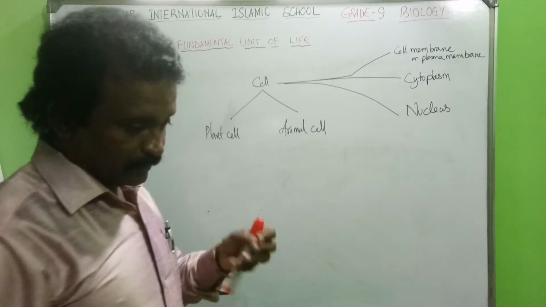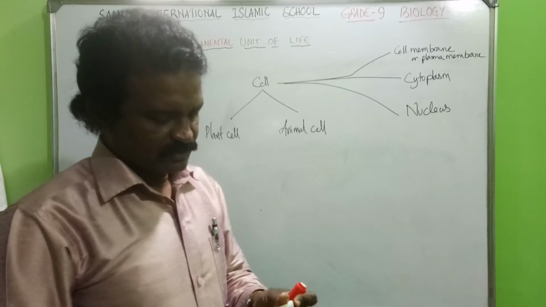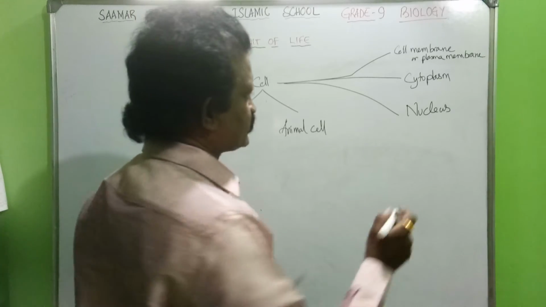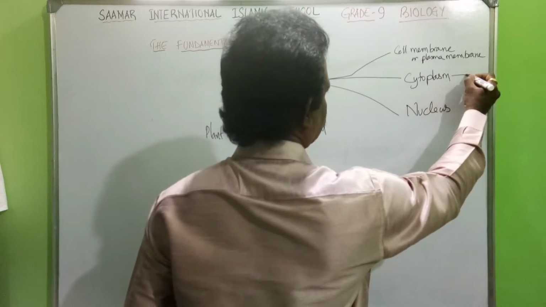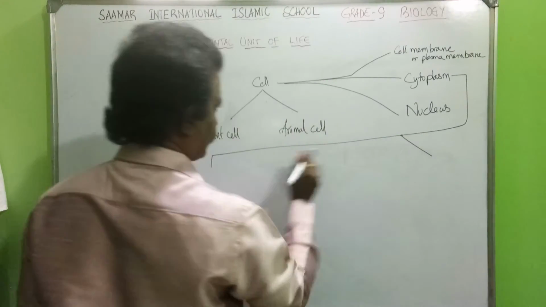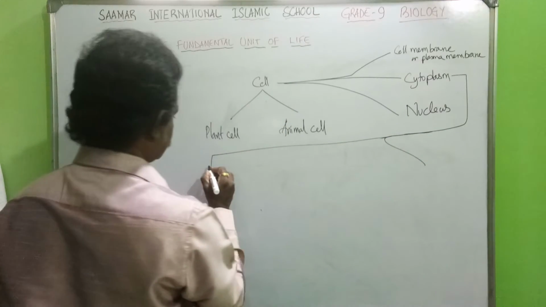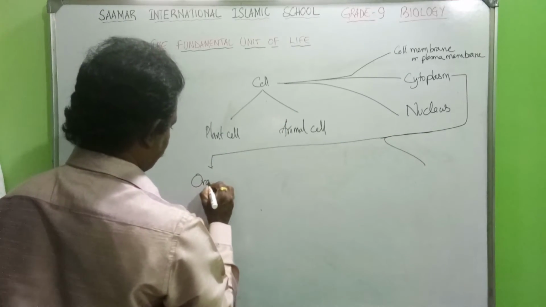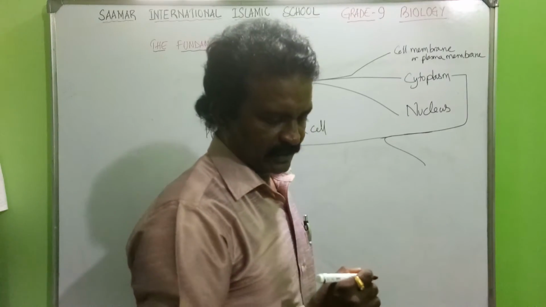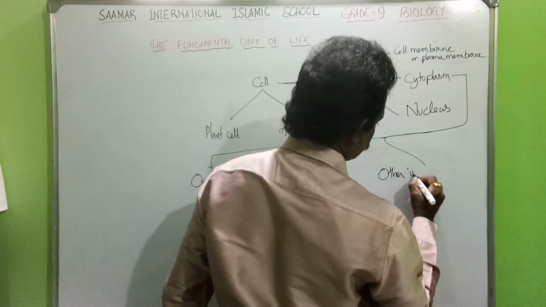Okay. Now, based on this, in the plant cell and animal cell, the cytoplasm is divided into two: organelles and other inclusions.